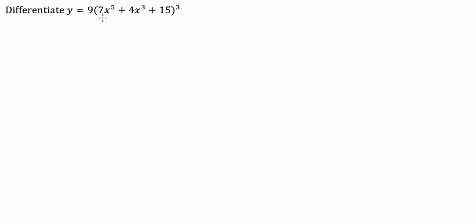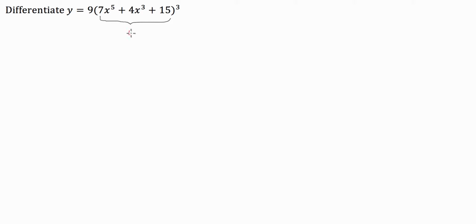Now the way I'm going to do that is I'm going to pull out this fifth power function and substitute it out for basically one letter. So the standard notation that we use when we're pulling a function out and replacing it with a letter is we're going to call it u.